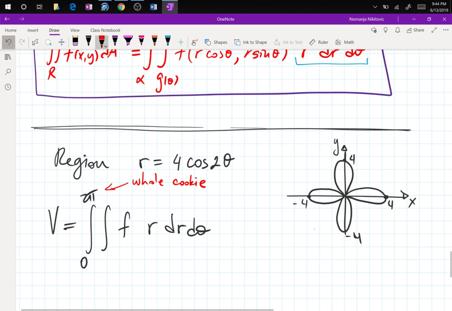The full flower will be drawn as your angle goes from 0 to 2 pi. And now, if you draw a representative dr here, you'll see that it goes from 0 to the function 4 cosine 2 theta.